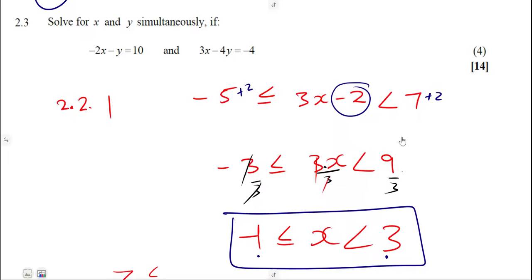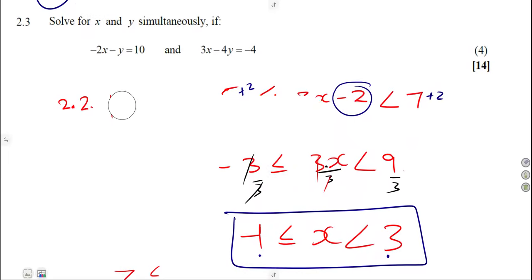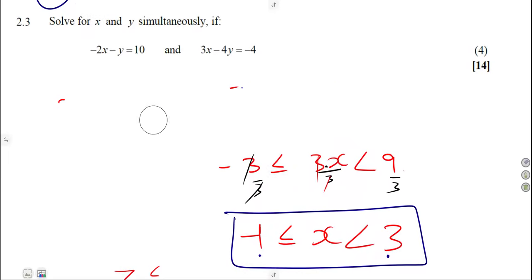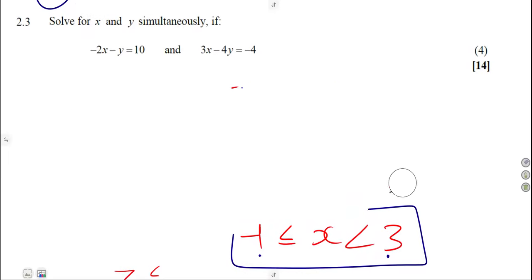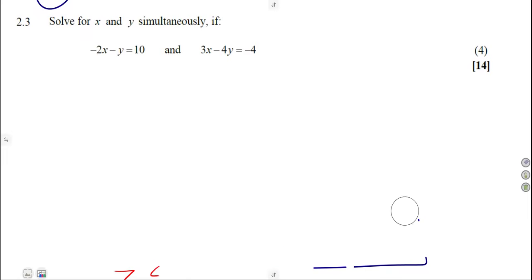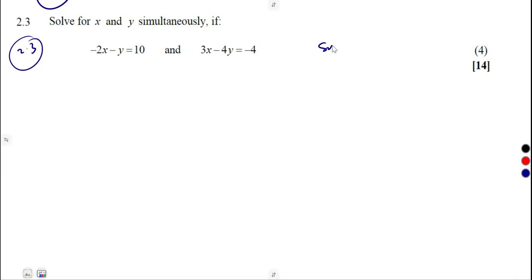Then 2.3, it was the one of the simultaneous equations. All right, there are two equations already given. I'm just going to take equation 1, make y the subject of the formula. I'm just going to use the substitution method here, guys. From equation 1, I'm going to make y the subject.